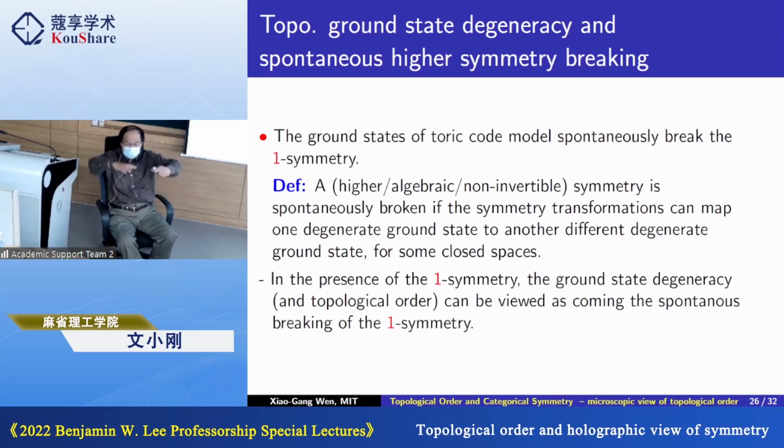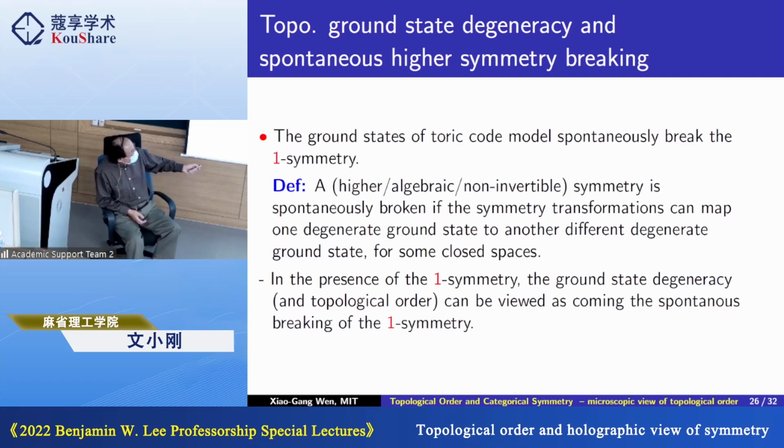If space has a spherical topology, the ground state is unique, there's no degeneracy, so one ground state is not mapped to another by the symmetry transformation. However, when the space is a torus, we have non-trivial loops. Then suddenly we have a non-trivial transformation mapping one ground state to another. So the space topology is important to see this spontaneous breaking of a higher symmetry. That's just a remark.